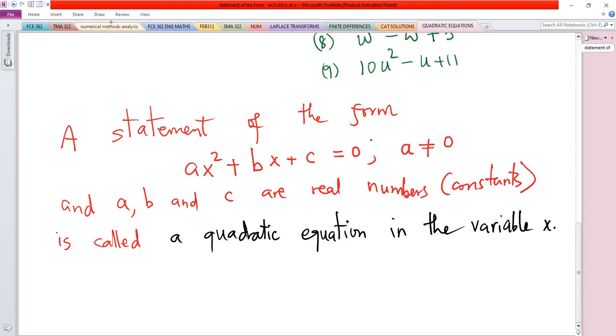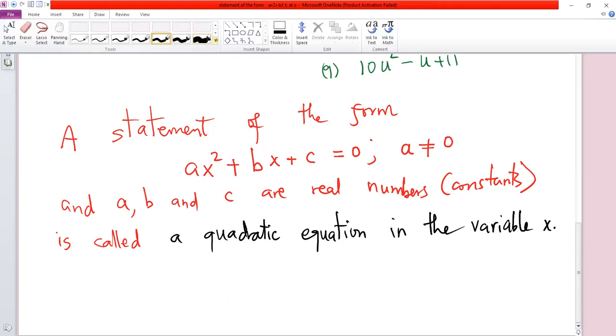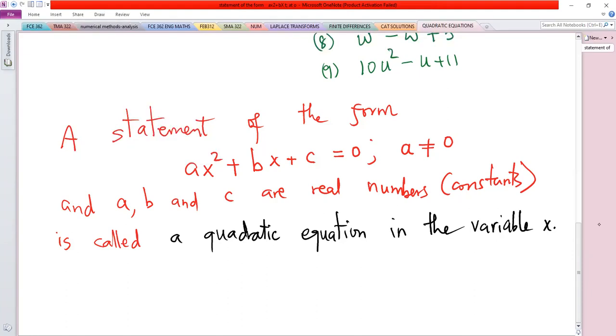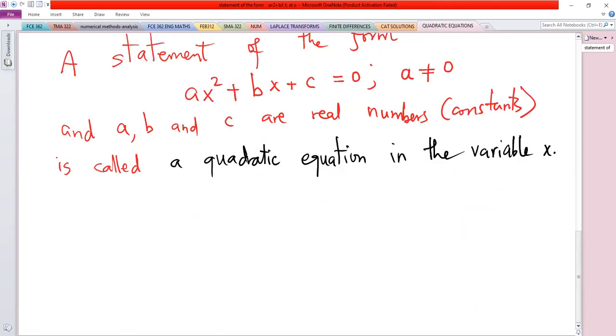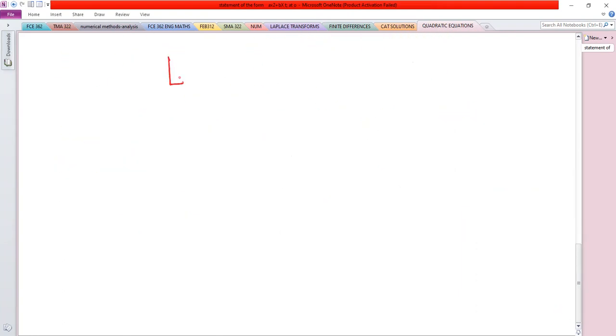Now, examples of quadratic equations. Examples of quadratic equations include: 1, 2x squared plus 5x minus 3 equals to 0.